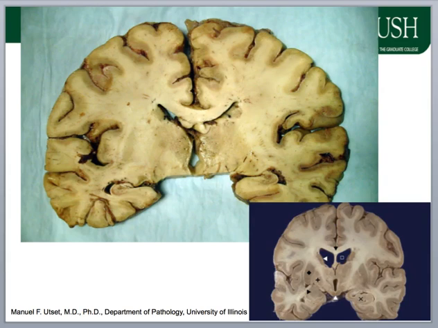The smaller picture in the inset is normal brain that's provided just for comparison. So you can see the expansion of the white area and the thinned gray matter.